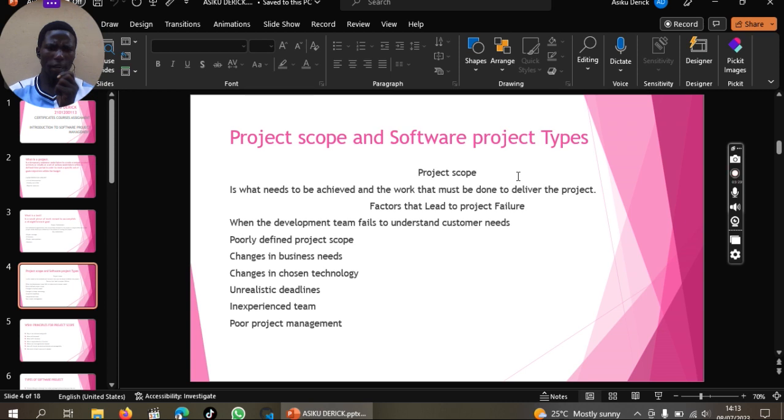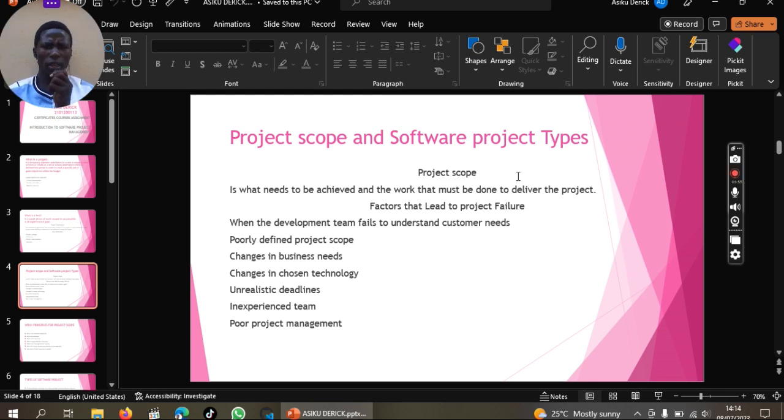Then let's take unrealistic deadlines. Like you give a duration to the customer or to the sponsor or to the responsible people, that you will be able to complete the project within this time, and yet in reality it's not possible. It's an unrealistic deadline. Then inexperienced teams.